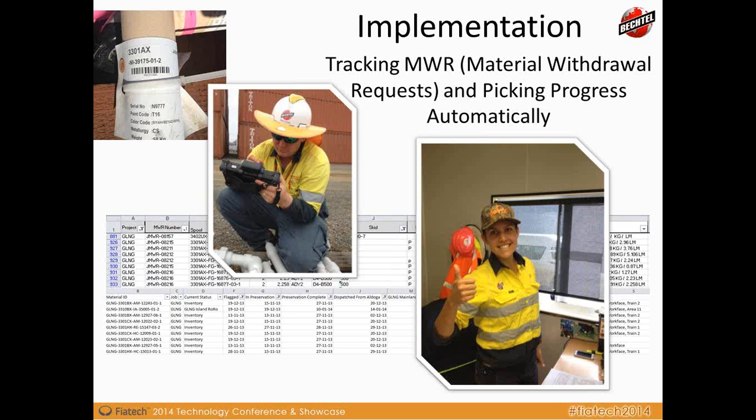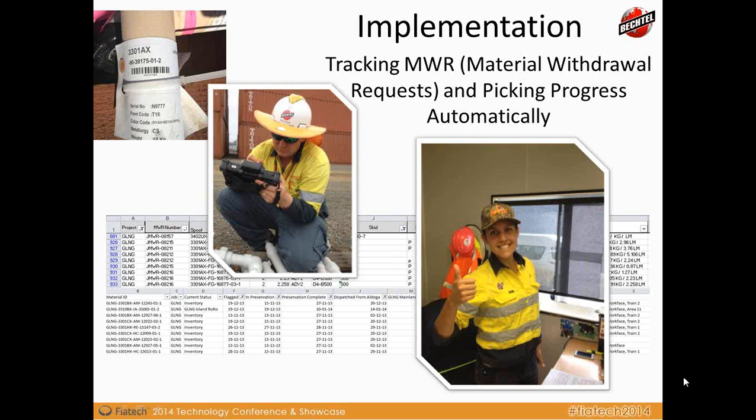But when you switch to the system that we've discussed today, using the vehicle-mounted reader and the RFID tags, the laydown yard team was very quickly able to iterate the work process that automatically captured the steps required by using GPS location or scanning a barcode that was attached to update the back-end system that you can see behind there, an extract of which talks about where it was in the process, has it been flagged, was it in preservation, had it been cleaned, was preservation complete, has it been dispatched.